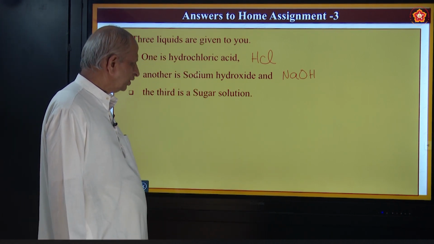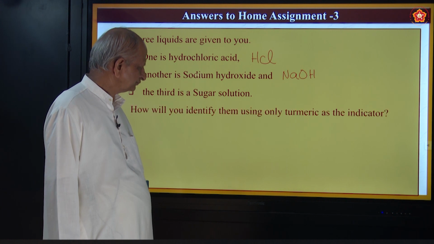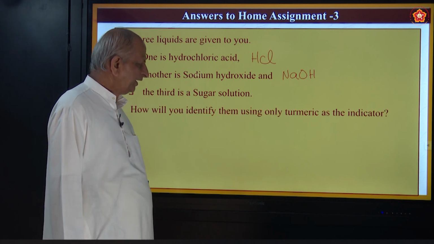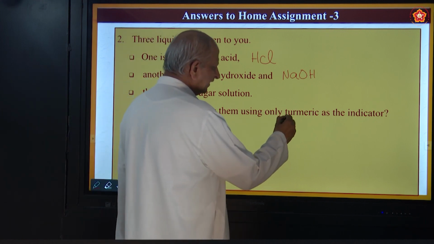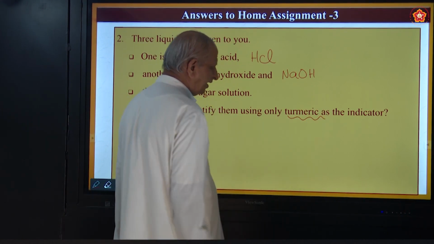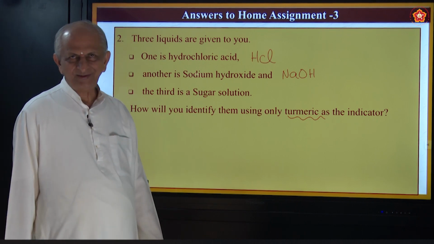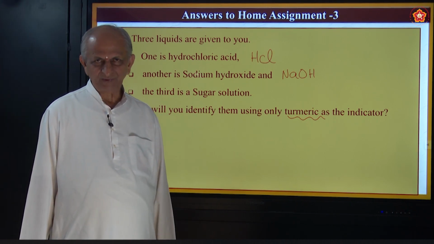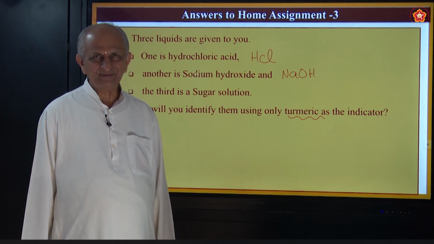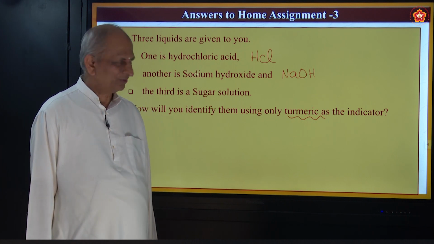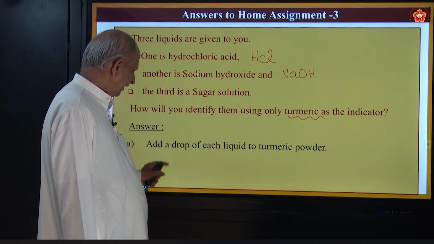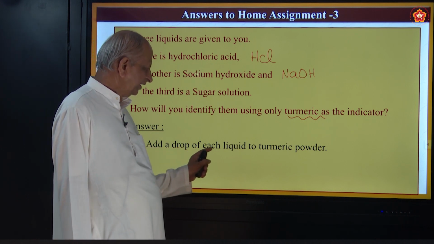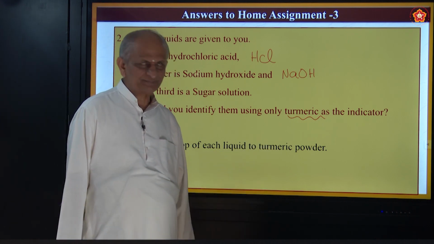Third is a sugar solution. How will you identify them using only turmeric as the indicator? Turmeric powder. What is the color of turmeric powder? Yellow. Correct.